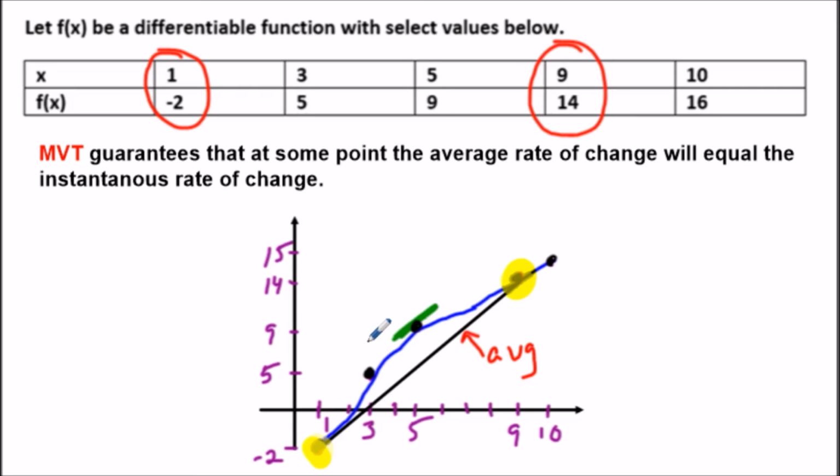And at some point, the instantaneous rate of change, or the slope of the tangent line, which we'll say is here, at some point these 2 slopes have to be equal. And when 2 lines have the same slope, they're parallel. So this is essentially what we were writing out in our explanation, but this is just visual confirmation of what's going on in this problem.